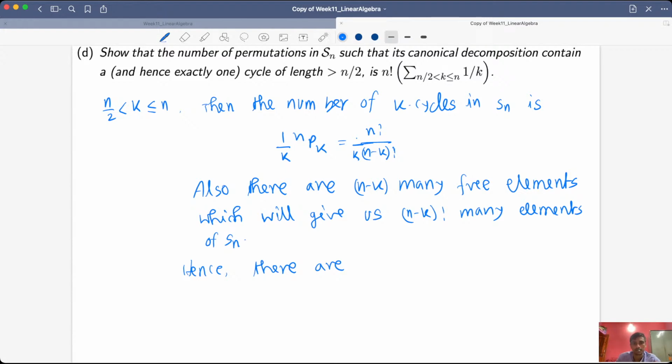So sum over all such. For each fixed k I have this many.